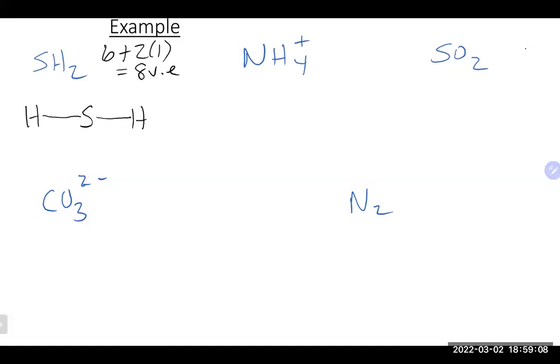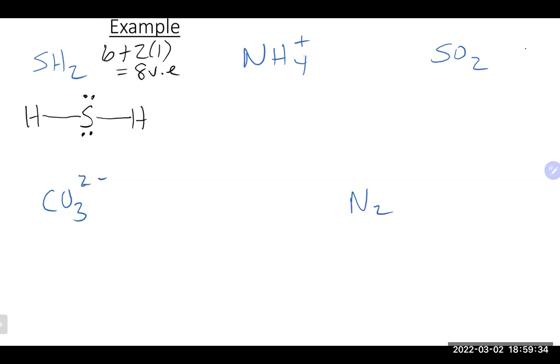Do I put dots on the hydrogen? I do not. That is done, so both of the hydrogens are full, which means I need to go to the center atom and put 2 and 4 dots there. That gives the sulfur in the middle 8, which is good, and each hydrogen has 2, exactly what it should have. That would be a winner right there.